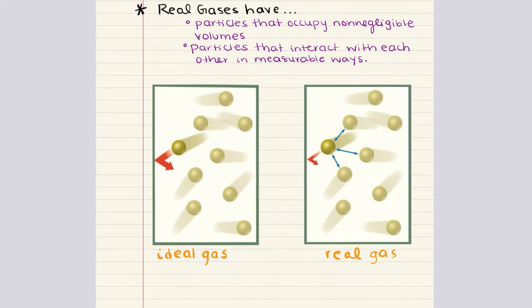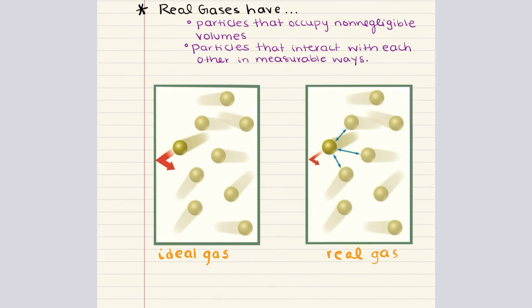Well, we can start by talking about ideal gases and ideal gas particles having no volume and no interactions between particles. In addition, their collisions are elastic. But on the contrary, real gas particles have volume and they have intermolecular interactions. In addition, energy is lost during collisions.